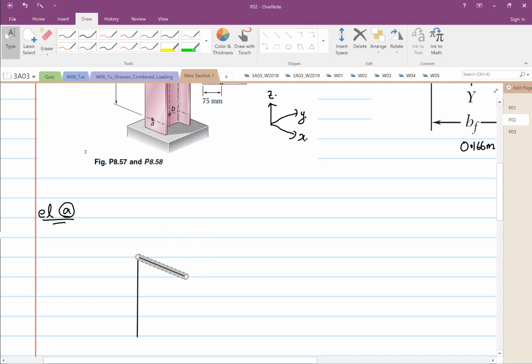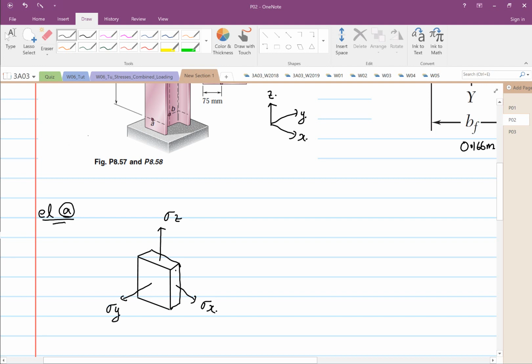Based on this orientation, this is element A. What we want to find is the stress in the X direction, if there is any, the stress in the Z direction, and whether there is any stress in the Y direction.